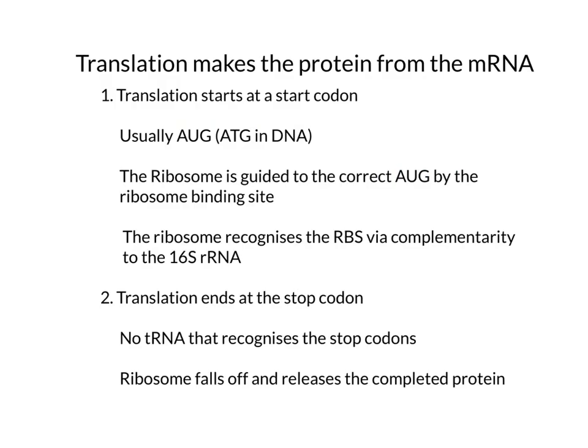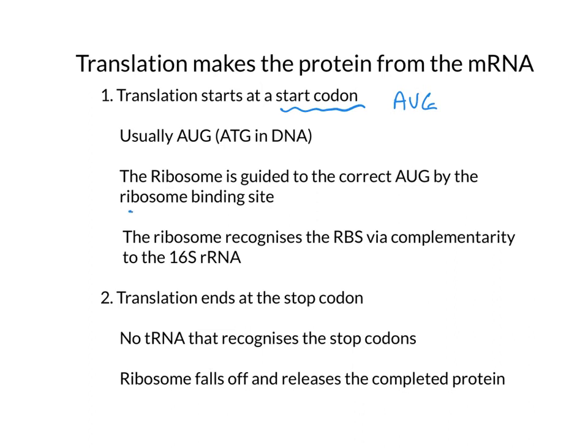So in summary for this section on translation, translation is performed by the ribosome, and it begins at a start codon. Usually an AUG, but there are two other possibilities as well. However, the ribosome has to place itself in the right position, not based on the start codon, but on the ribosome binding site.